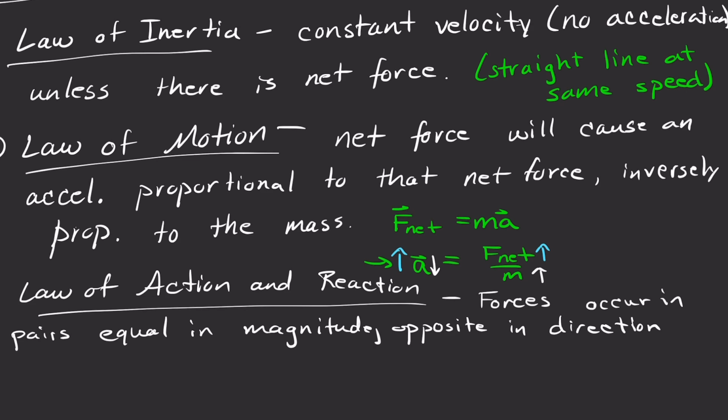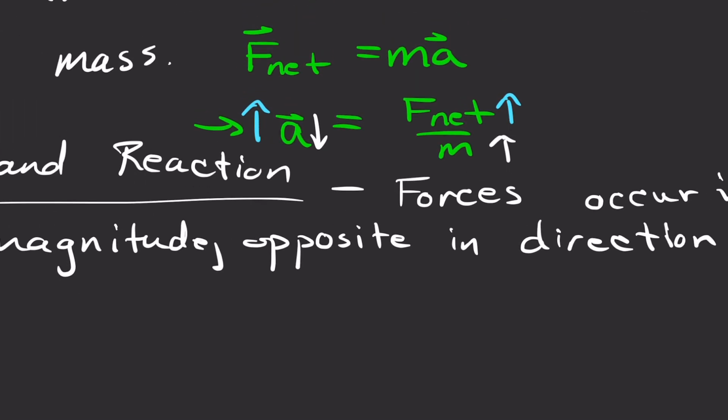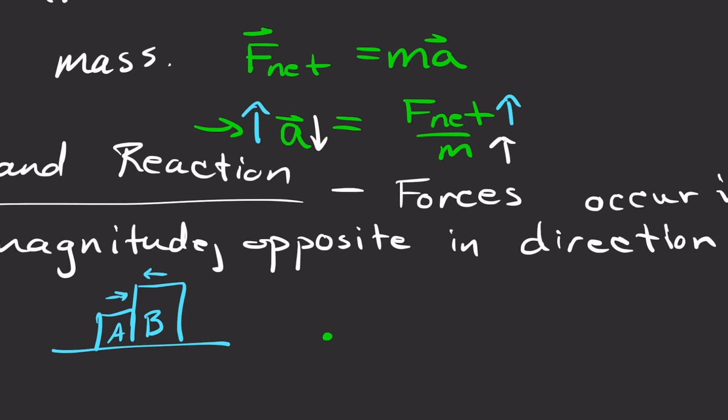Okay, and really what this means, let me zoom in a little bit. This means that if I have two objects, object A and object B, and say they're pushing on each other in some way, this means that the force from A on B, so the force that A is pushing on B, must be equal to the force of B on A, except it's in the opposite direction, so it's negative.